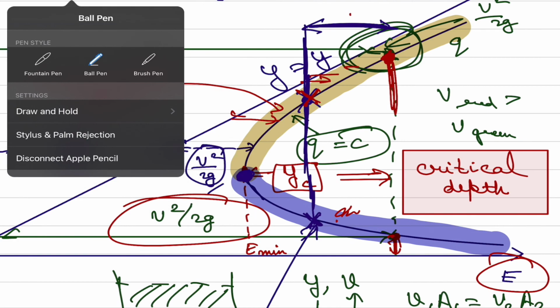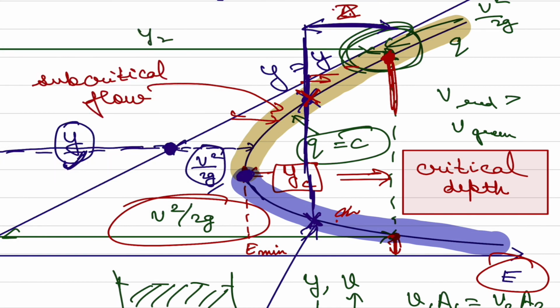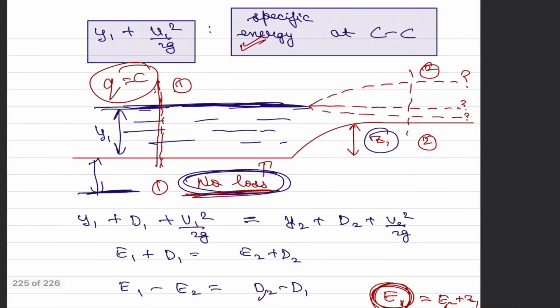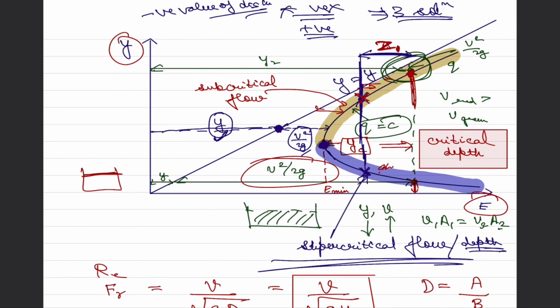And the difference between specific energy of point 1 and point 2 is going to be equal to the height of this jump, which in this case is Z1. And as we know this Z1, we can easily determine, if we know the specific energy versus depth relationship, what is going to be our new depth.